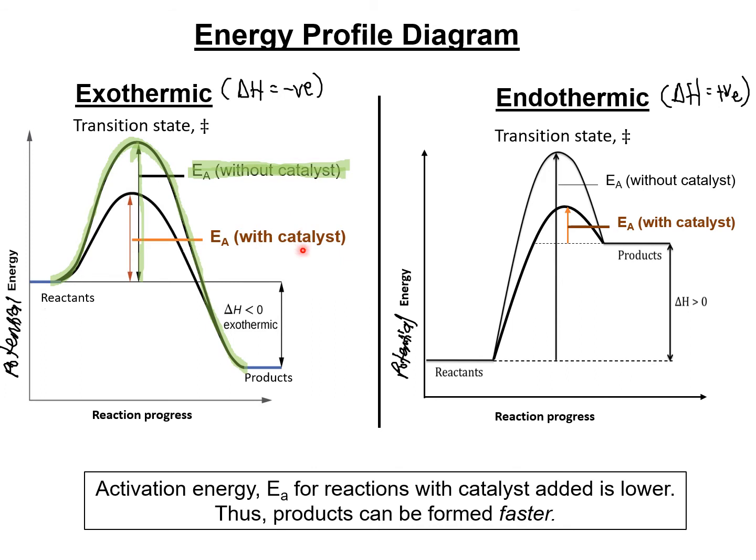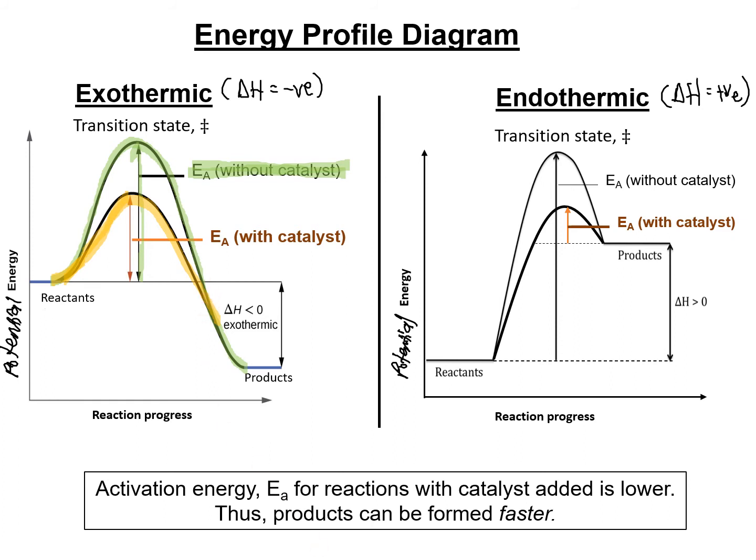But when you add a catalyst, what happens? The rate of reaction will increase. Why? Because the catalyst provides an alternative pathway, it provides a shortcut.